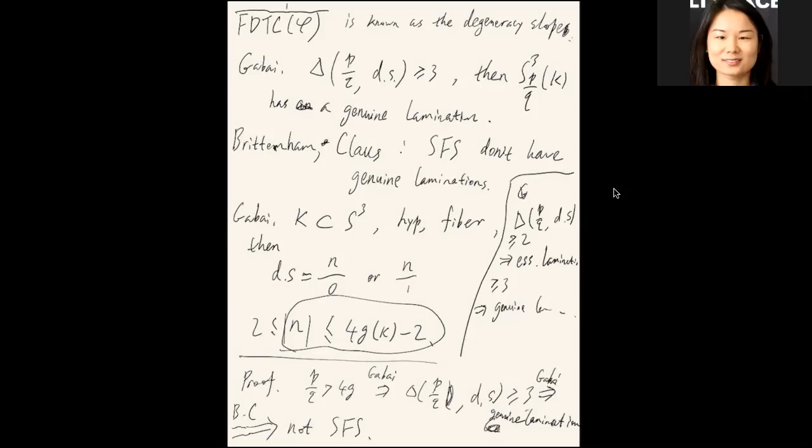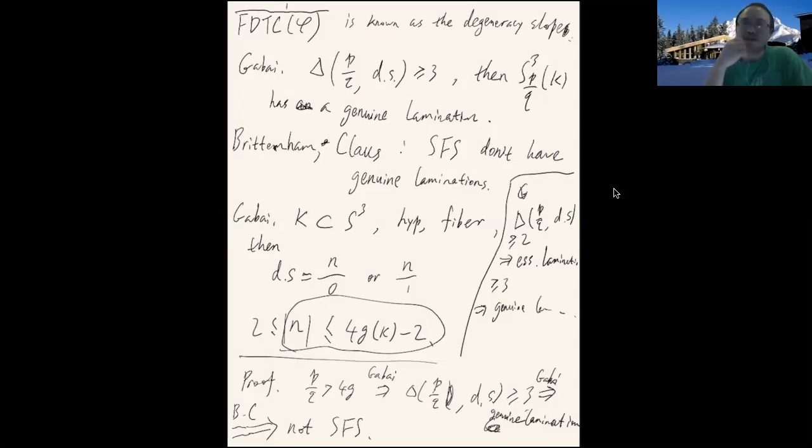But I guess the 2 still works in general if the degeneracy slope is not like a maximum or anything. If there are some non-trivial complement regions in the interior, then you still can get a genuine lamination. Is that right?